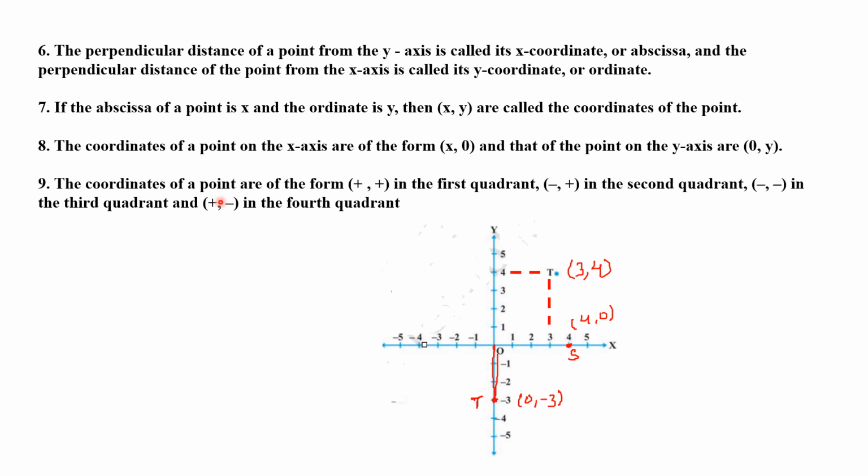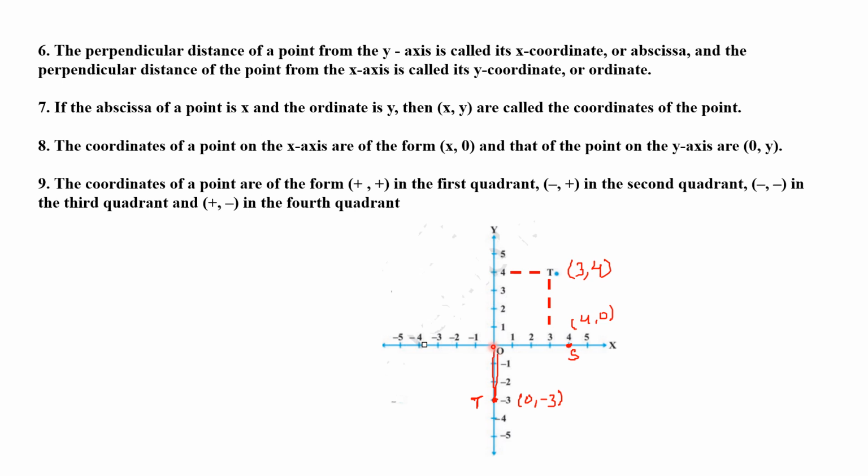Now the next point: the coordinates of a point in the first quadrant are of the form plus, plus. Why plus, plus? Because in this first quadrant the x-axis is positive and the y-axis is also positive. Now in the second quadrant, the x-axis is negative and the y-axis is positive, so minus, plus.